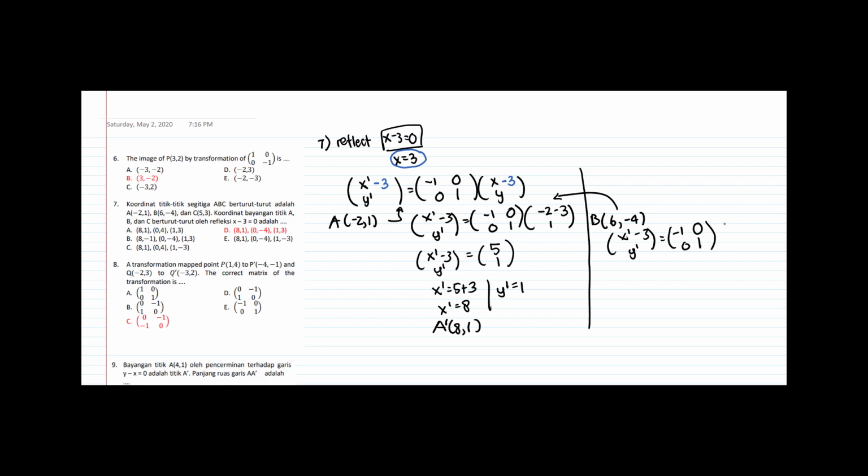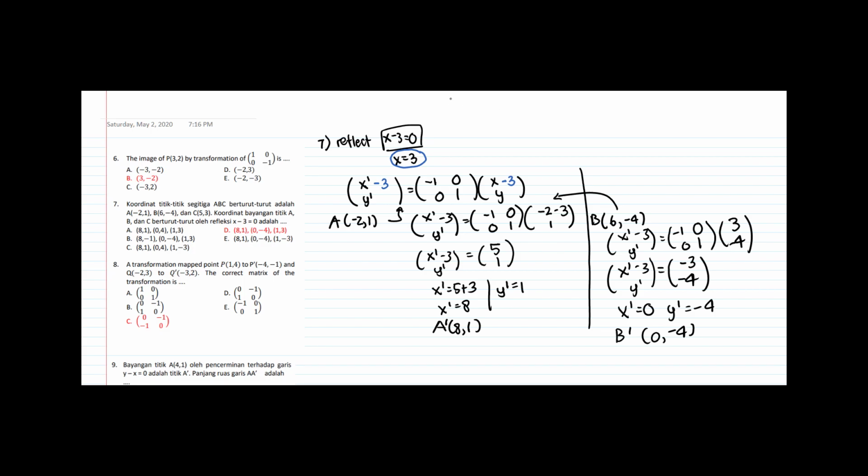X is 6, 6 minus 3 is 3 and then y is negative 4. The result is negative 3 and negative 4. This is x accent minus 3 and y accent. So I have x accent equals 0, y accent equals negative 4. (0, negative 4) for B accent.